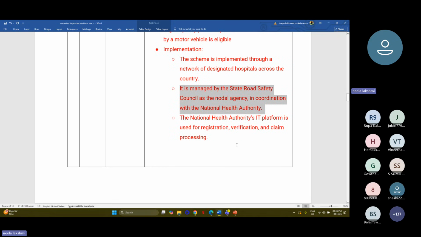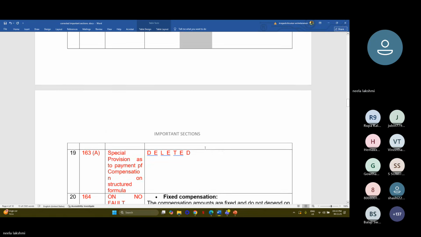The National Health Authority's IT platform is used for registration, verification, and claim processing. There is an IT platform designed specifically for this.